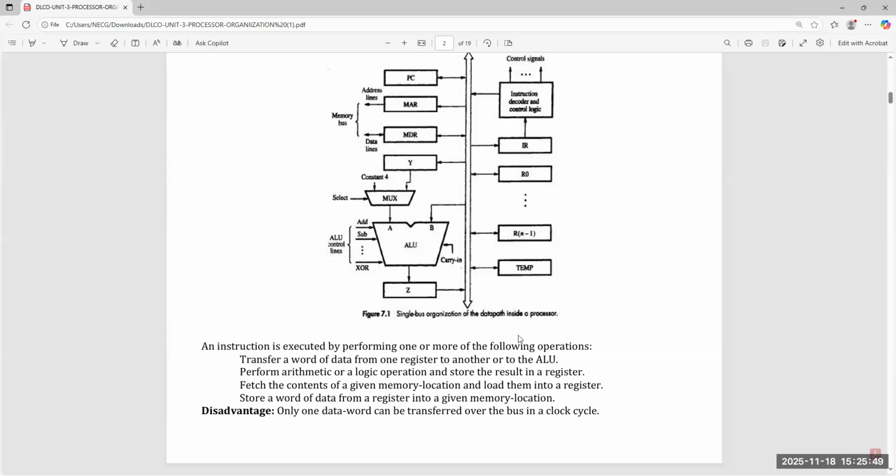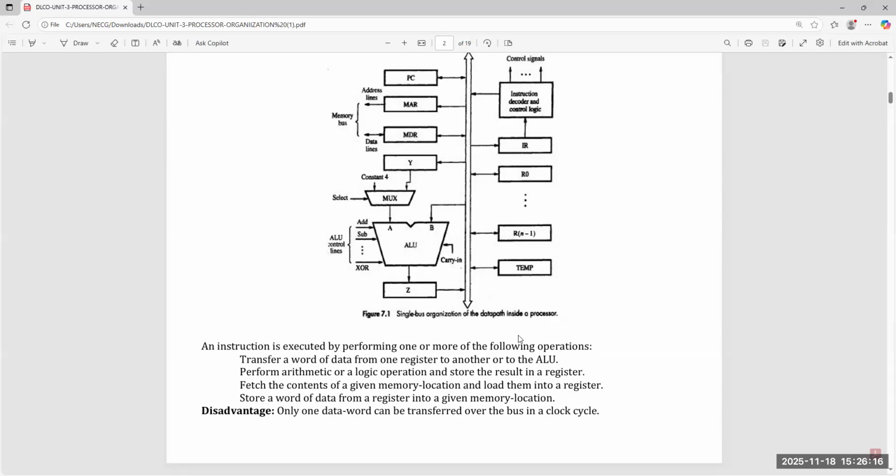The third is to fetch the contents of a given memory location and load them into a register. Finally, we can store a word of data from a register into a given memory location.